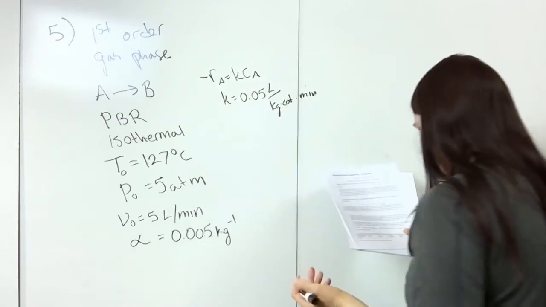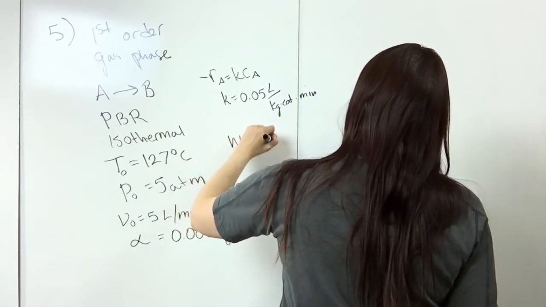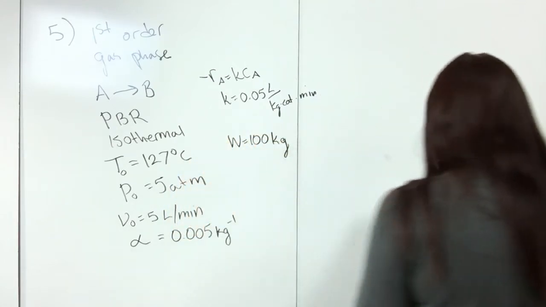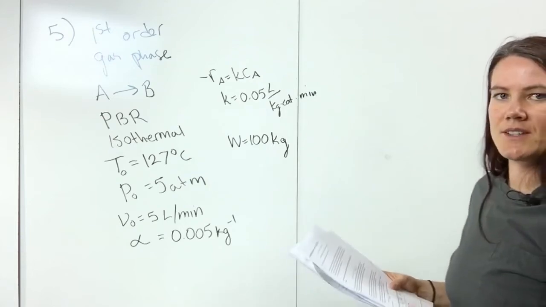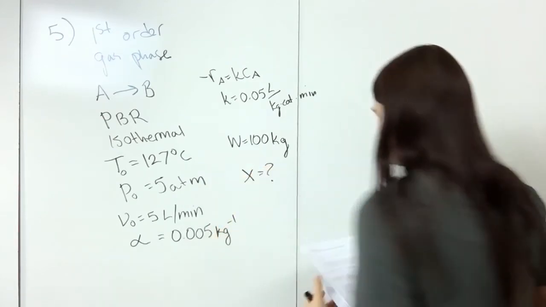The reactor is packed with 100 kilograms of catalyst, so W is equal to 100 kilograms. And it says determine the conversion in the reactor, so we want to find X.